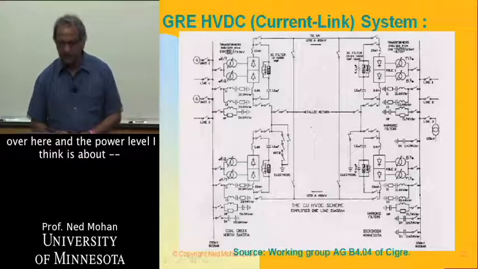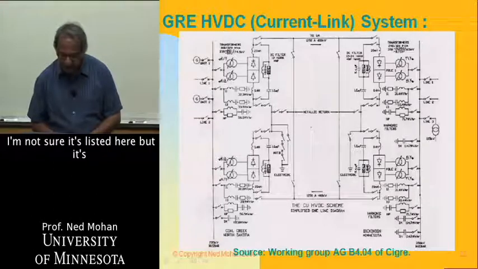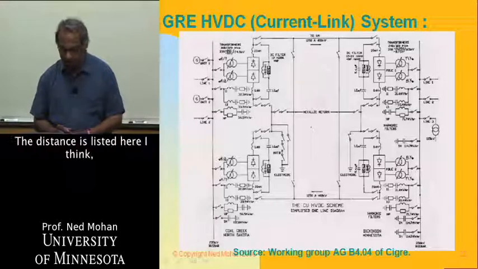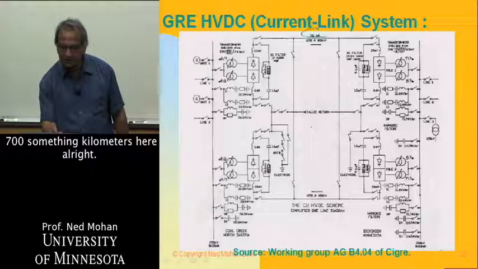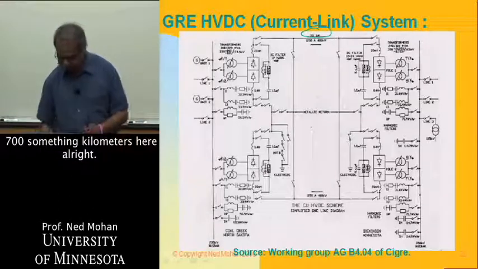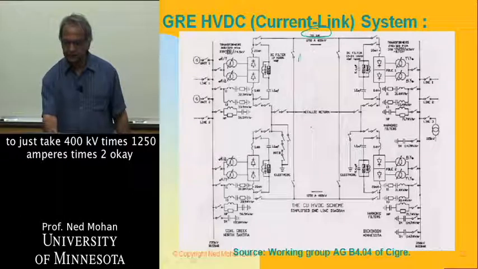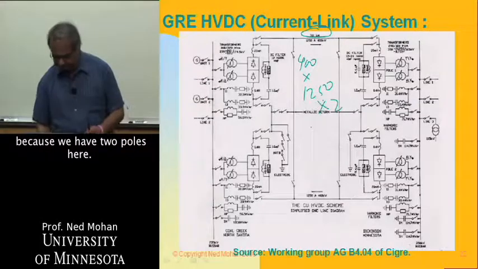Over here, the power level I think is about, I'm not sure it's listed here, but it's over 1,000 megawatts. Okay, and the distance is listed here, I think 700 something kilometers. All right, to find power, we have to just take 400 kV times 1250 amperes times 2. Okay, because we have 2 poles here.